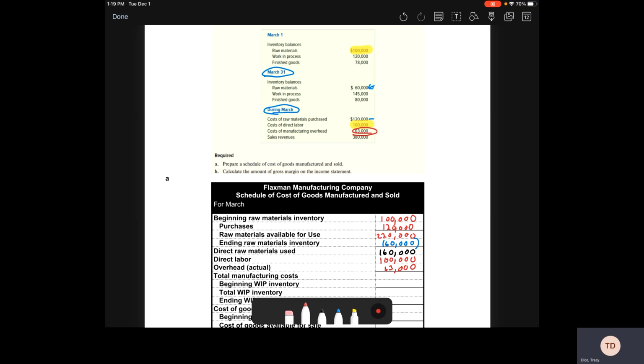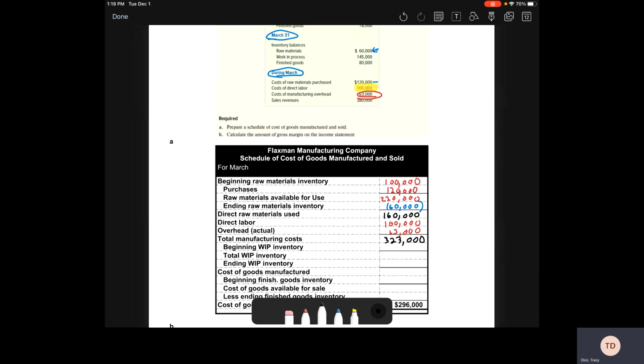So our total so far for total manufacturing costs, when we add those three numbers up, is $323,000. I'm going to make that look a little nicer. Now we've got to look at the cost of just the goods manufactured.